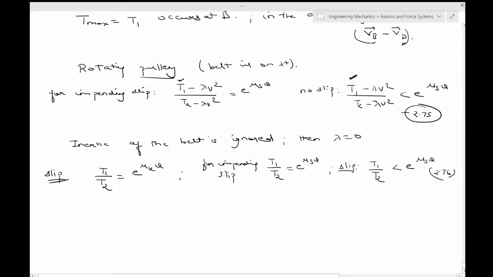Now that makes it quite easy, and very often we try to use these formulas in the problems and applications which we see around us. It may also happen that the velocity is 0, or the speed is 0, meaning the belt itself is constant, and then perhaps there is a rotating drum brake.